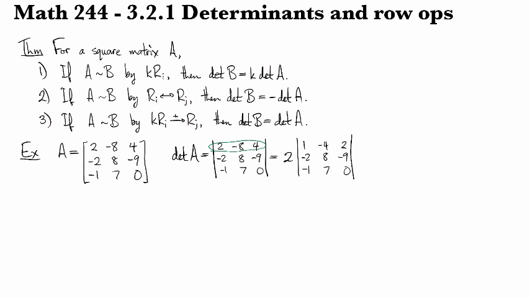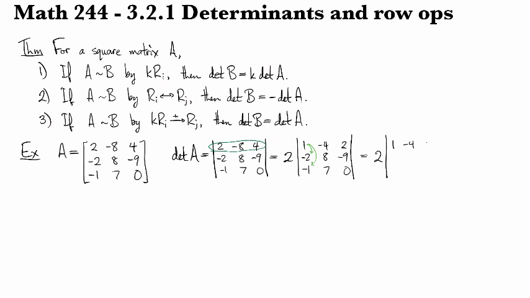Now I could simplify this somewhat, make it a little closer to reduced row echelon form. If I were to add a couple multiples of row 1 to row 2 and add one multiple of row 1 to row 3, this is not going to change the determinant at all, because I'm using the third part of the theorem, which says that the determinant of B is going to be the same.